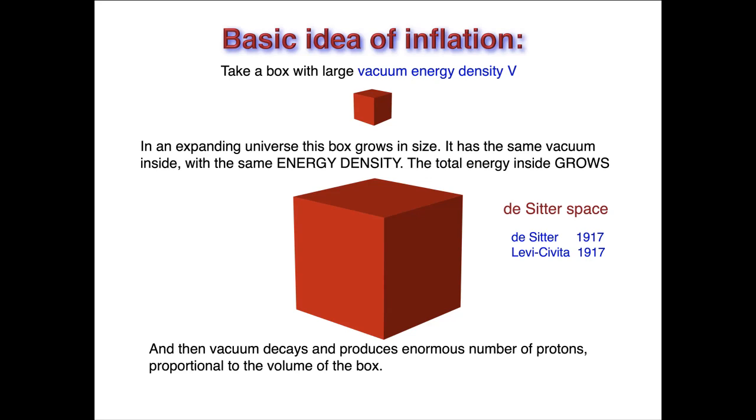So if the box grows in size by a substantially large factor, then we have a large number of protons, photons, whatever, proportional to the volume of the box. So how do you make this volume large?